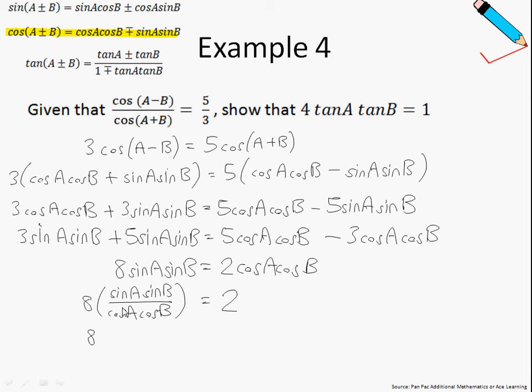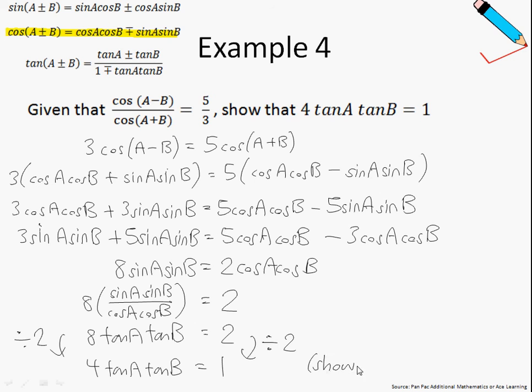Sine A divided by cosine A gives me tangent A, sine B divided by cosine B gives me tangent B, equals 2. Finally, if I divide both sides of the equation by 2, I will just get 4 tangent A tangent B equals 1. From here to here, divide both sides by 2. And this is what I want to show. So I'll just write shown over here. And we are done.